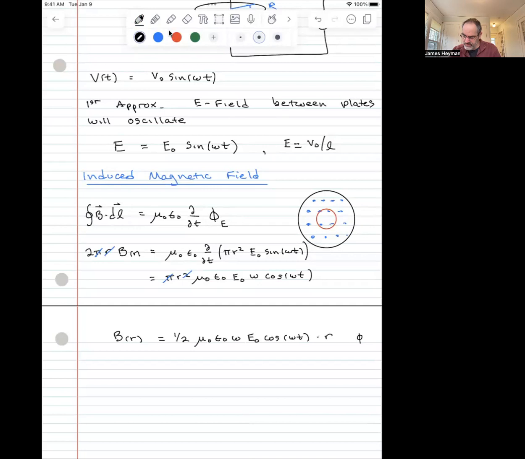And this field actually points in the phi direction around the circle. Cool. Okay. Now let's look at the induced electric field.